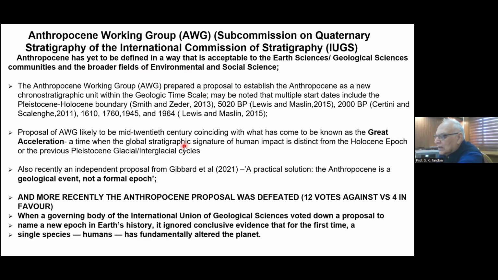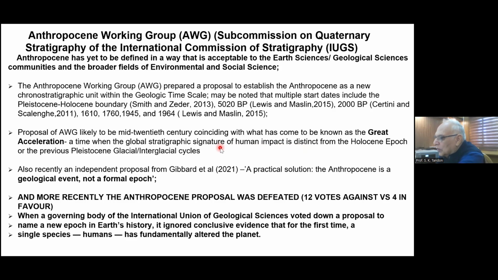And then, of course, there was a proposal from the AWG that it should coincide with what they called the Great Acceleration, or the changes that have taken place post-1950, a time when the global stratigraphic signature of human impact is distinct from the Holocene epoch or the previous Pleistocene glacial-interglacial cycles.